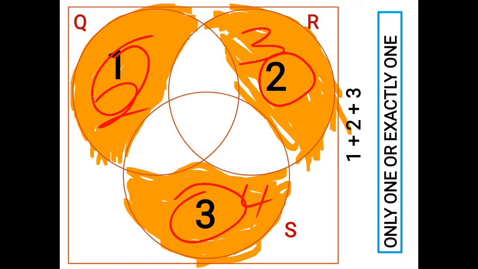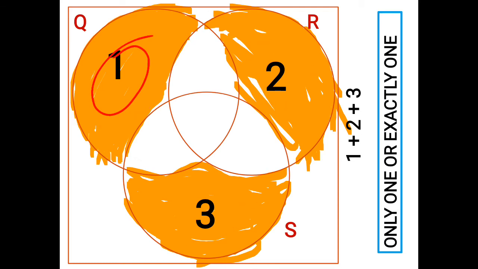Don't pick one side alone. Don't pick only region 1 and leave region 2 and 3. Don't pick only region 2 and leave region 3 and 1. If the question says find those who read only Q, meaning this is only Q, then that is the only side you take.